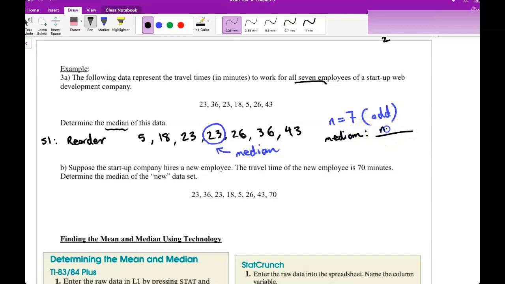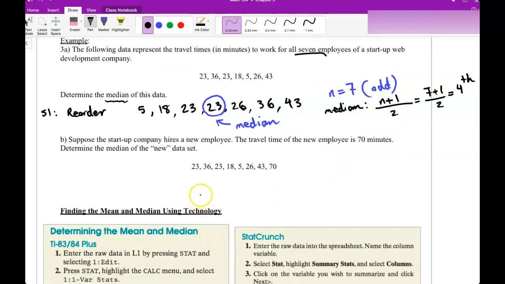Since we have odd, we're going to use n plus 1 divided by 2. Number of observations, n is 7. So 7 plus 1 divided by 2, and this is 4th place. Okay, so the answer for that part, median is equal to 23.